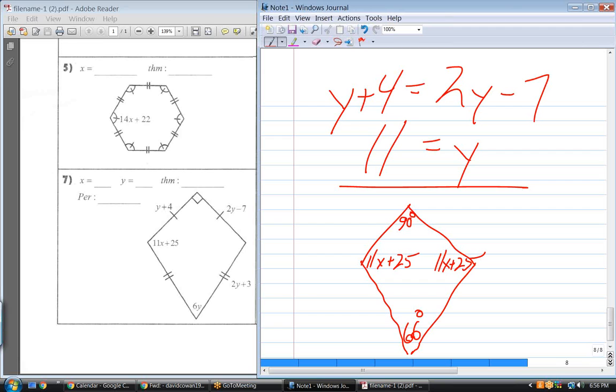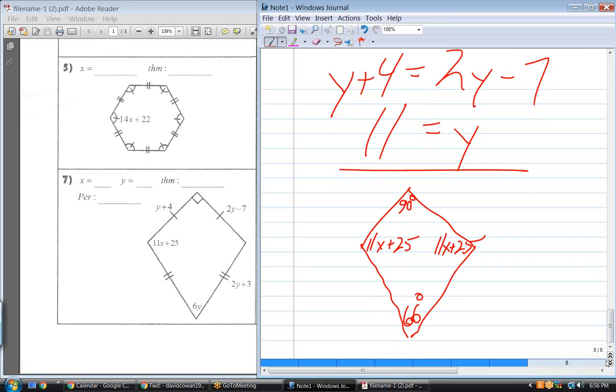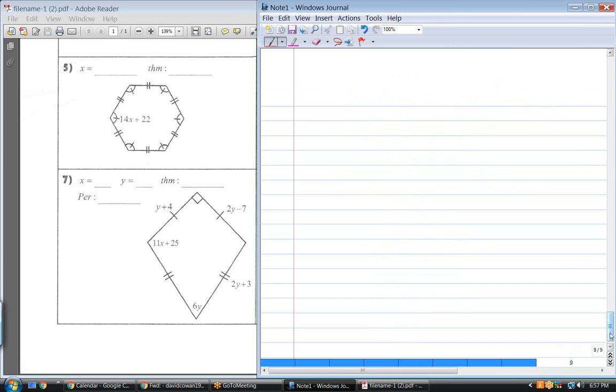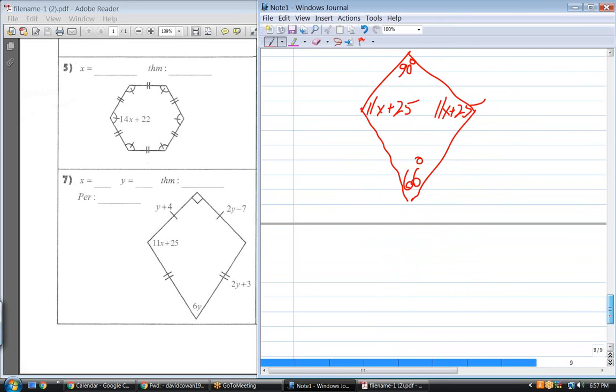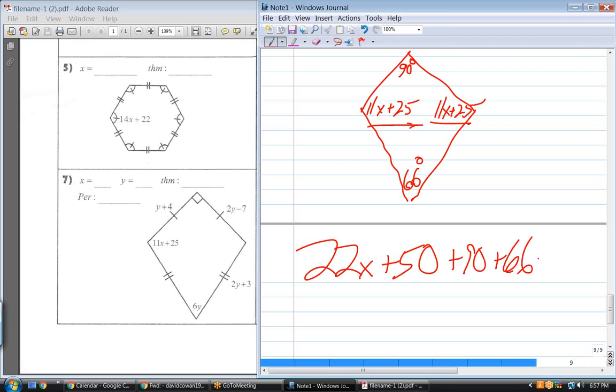360, and there's only one variable in that, which is x. You don't want to use that as a solution if you have two variables because you won't be able to solve it. But if I do this, I've got 22x plus 50, that's this angle plus this angle, plus 90, plus 66 equals 360, the sum of the angles in any quadrilateral, whether it's a kite or not.